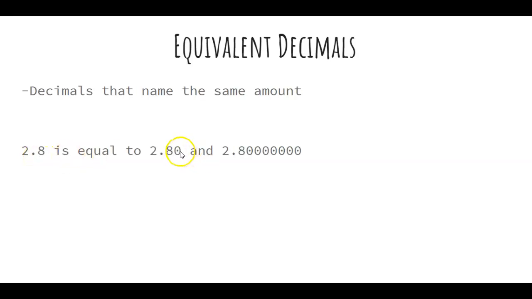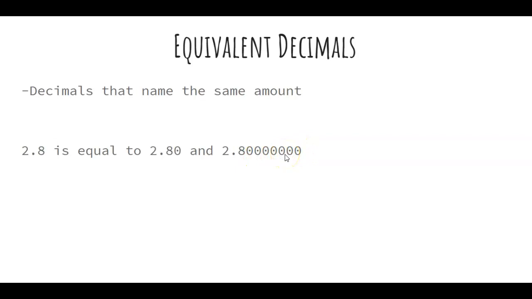Now, if I have this 0 before the 8, then that changes my value. So it has to be after. If there's nothing after this 0, then I can take this 0 away. Same thing over here. I can write zeros forever and ever, and as long as there's no other digit, it's just zeros, then these zeros don't count.